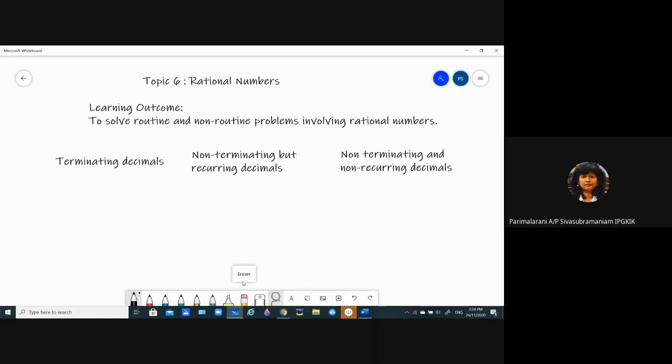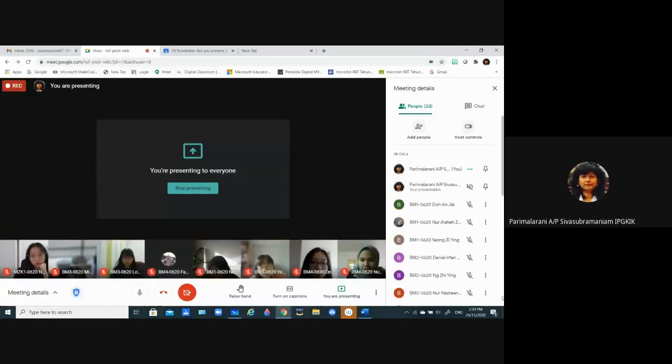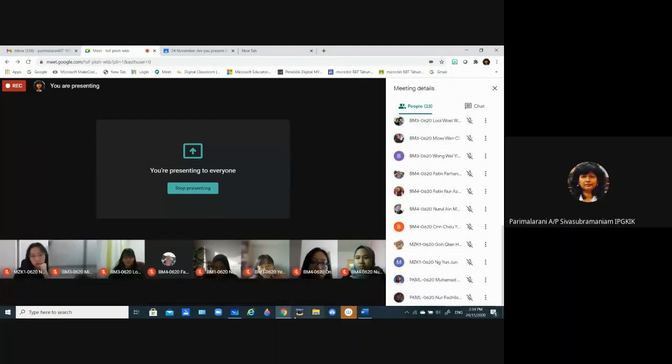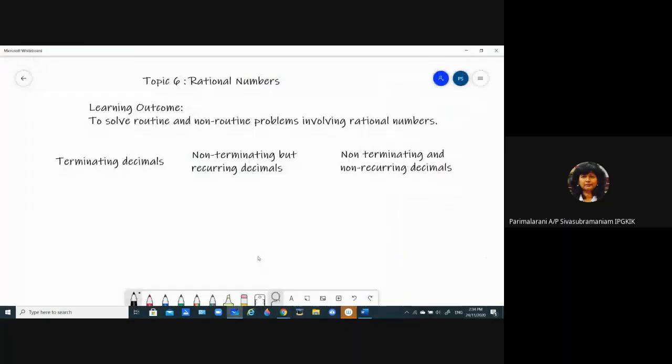Before we continue with the first set of problems, we need to know a little bit about decimal numbers.